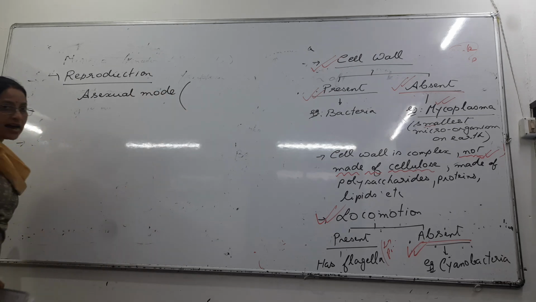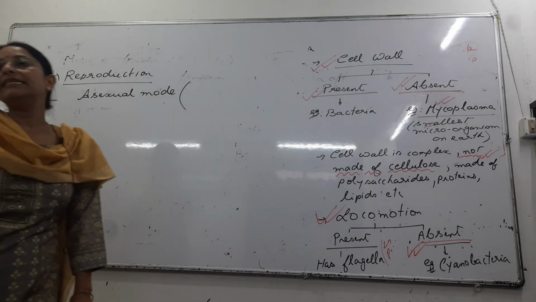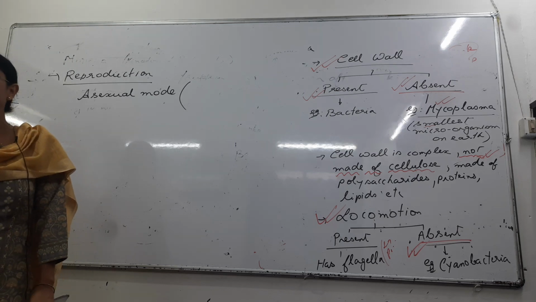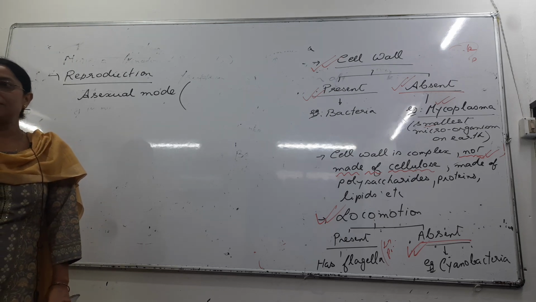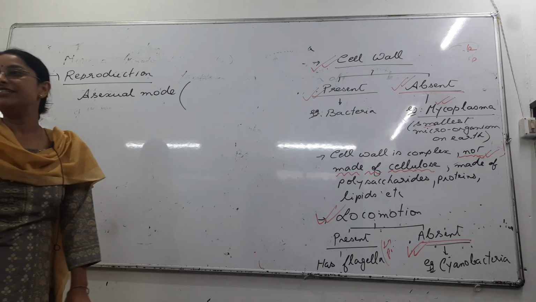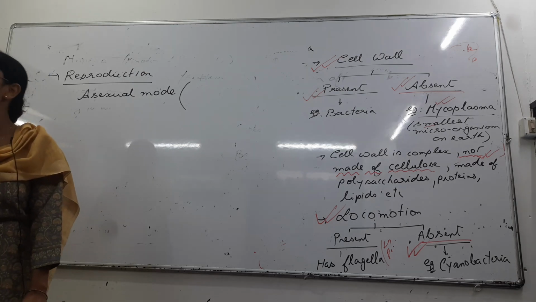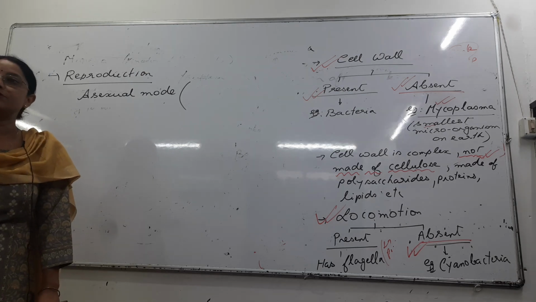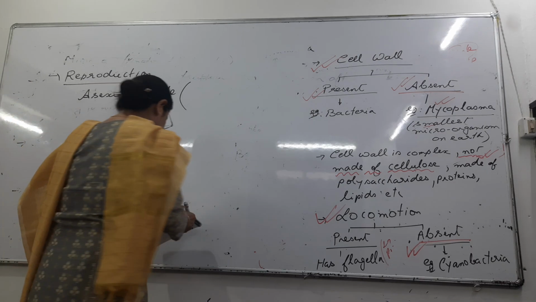When you talk about the asexual mode of reproduction, there are types of asexual. Have you heard of binary fission? Binary fission is an example of asexual reproduction. So bacteria can reproduce by binary fission, right?